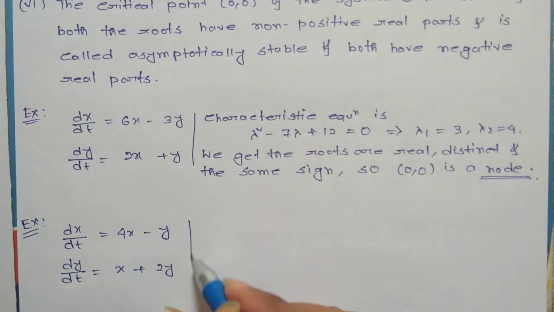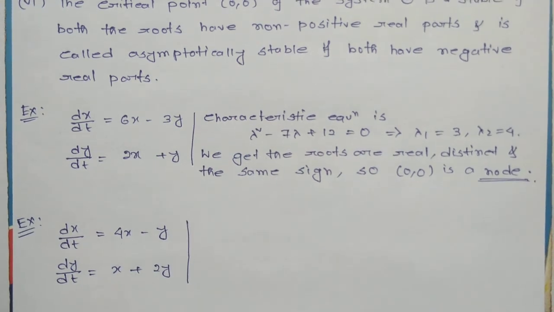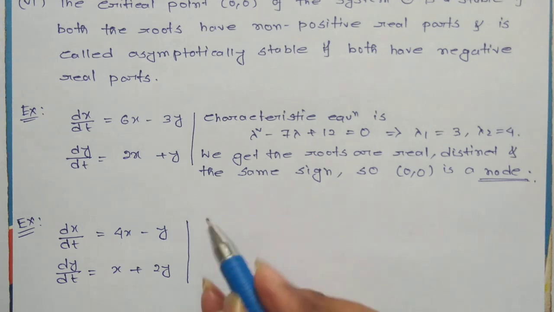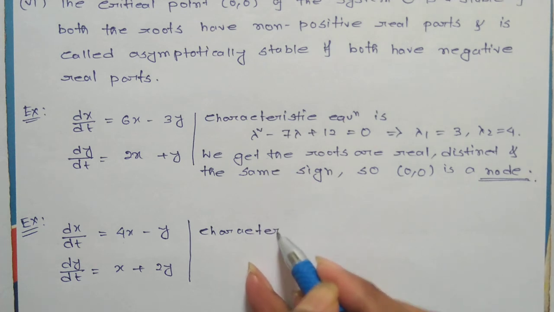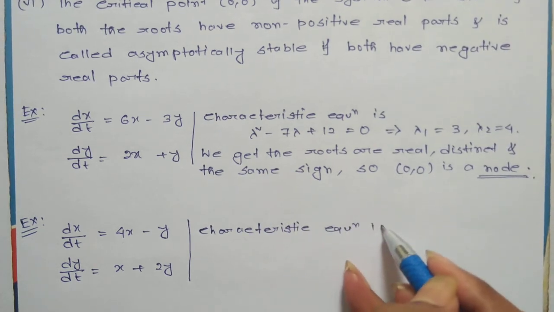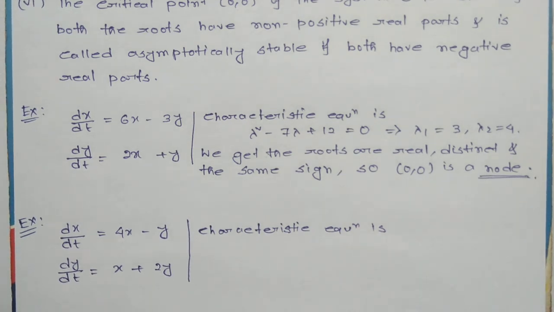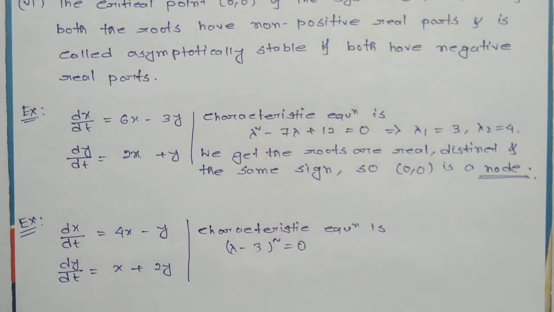Okay, so the characteristic equation is (lambda minus 3) whole squared equals 0.